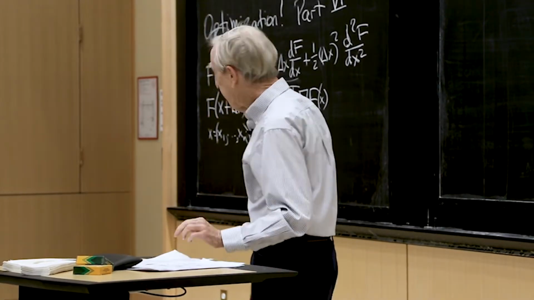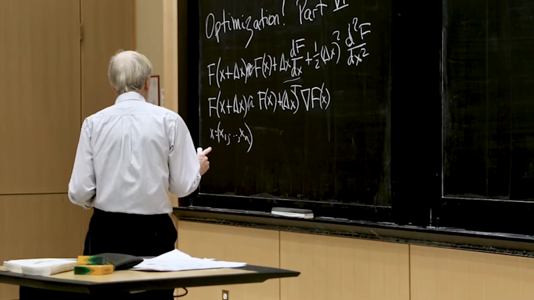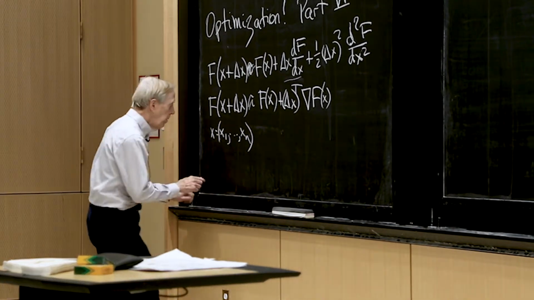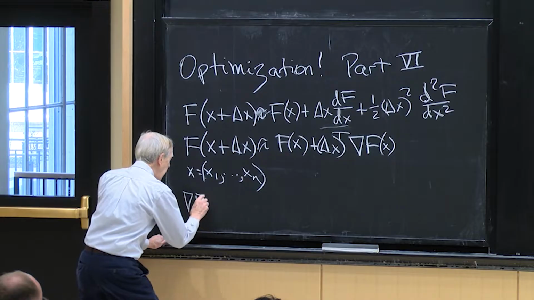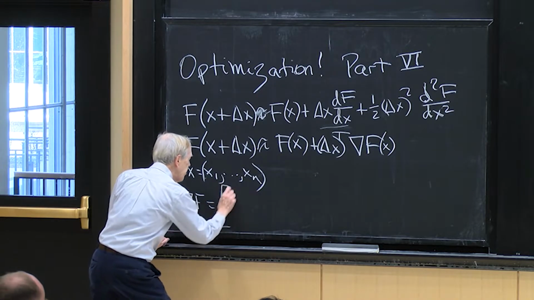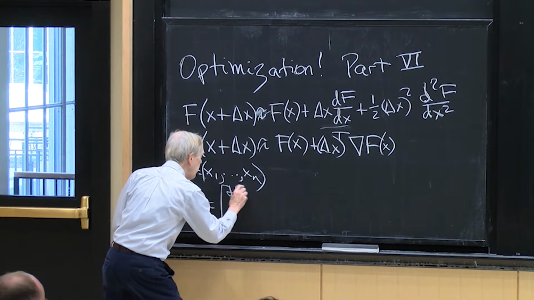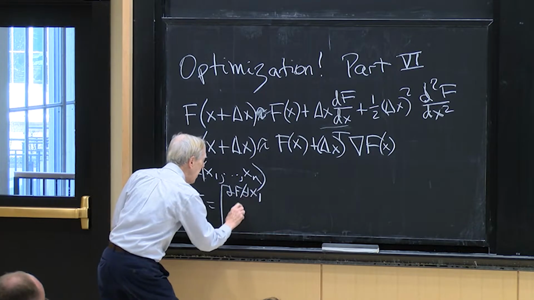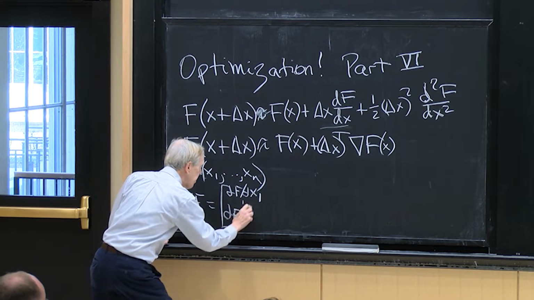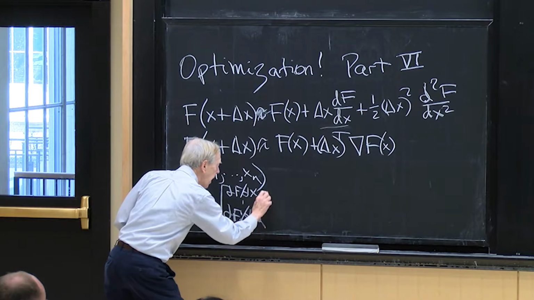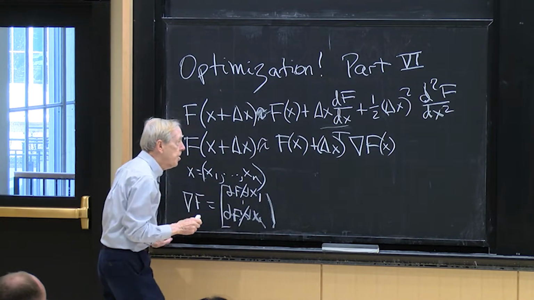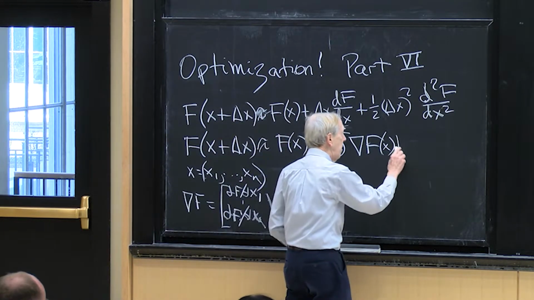So it'll be the partial derivatives of the function f. So grad f is the partial derivatives of f with respect to x1 down to the partial derivative with respect to xn. Okay, good. That's the linear term, and now what's the quadratic term?